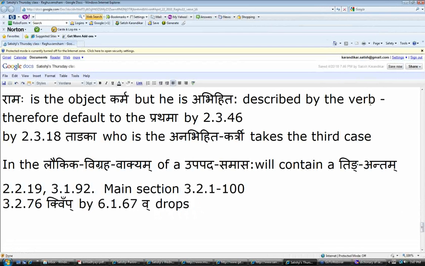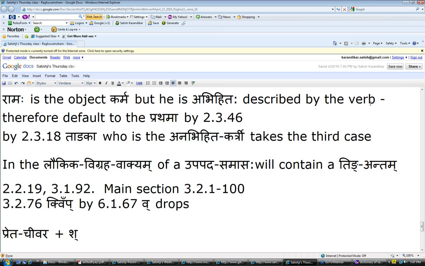Okay. Now I mentioned to you this Vigraha Vakyam. What you would have to do is that when you write the Alaukika Vigraha, I mean the technical description of this compound, then we will make it like this. Make it Preta Chivara, and then you put the pratyaya shas.